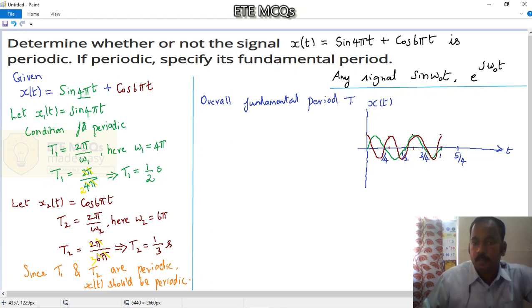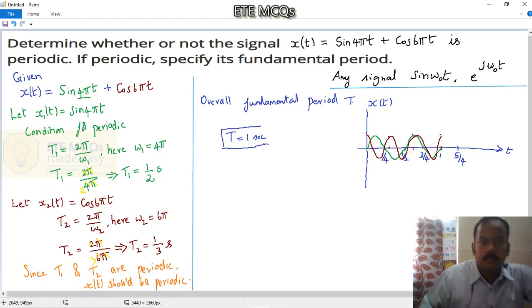So 1 is the overall fundamental period. In other words, the first signal takes 2 complete sine cycles to reach 1, whereas the signal x2 of t takes 3 cycles to reach 1. So capital T is equal to 1 second. This is your final solution.